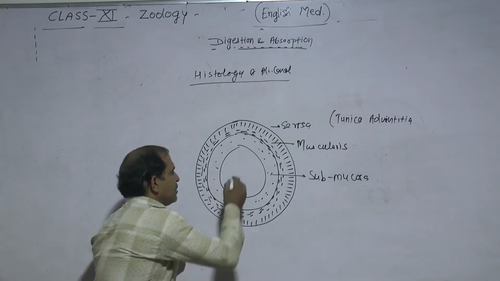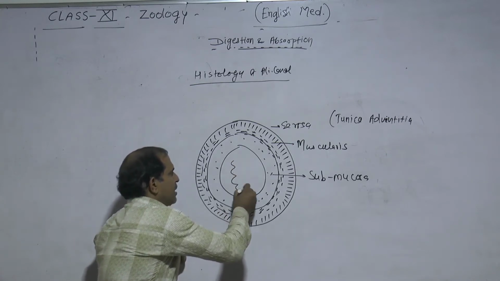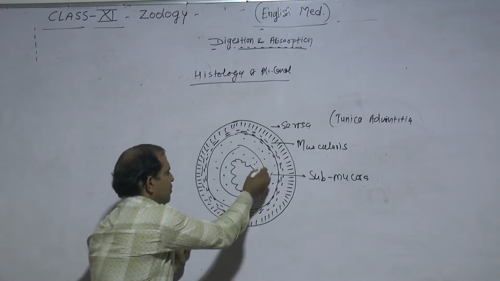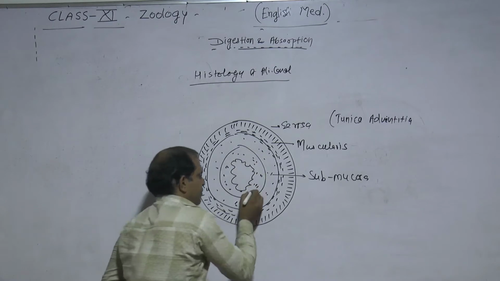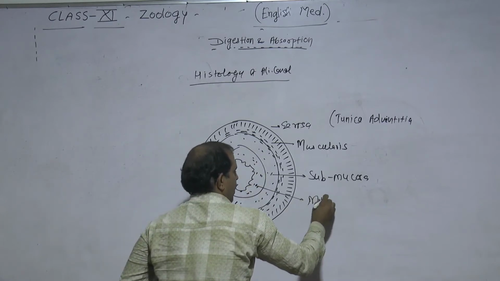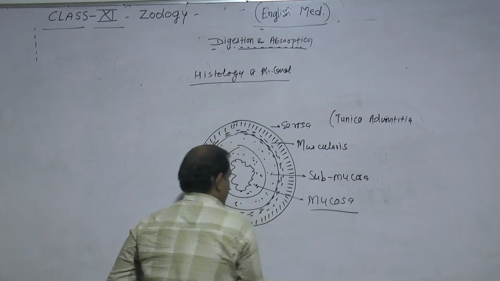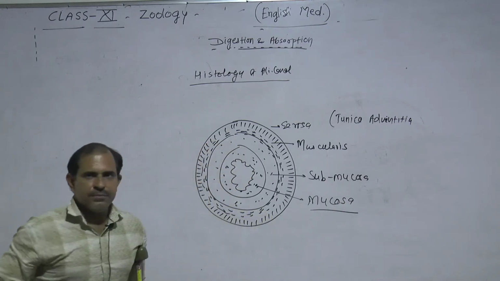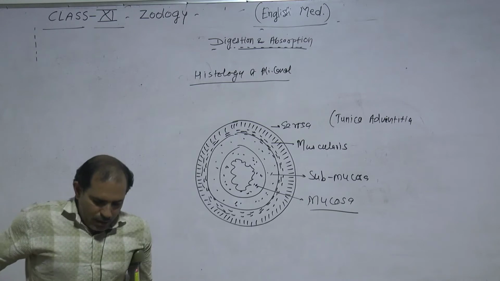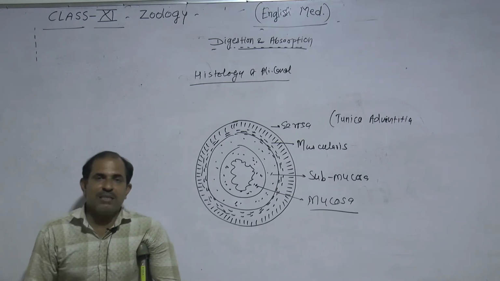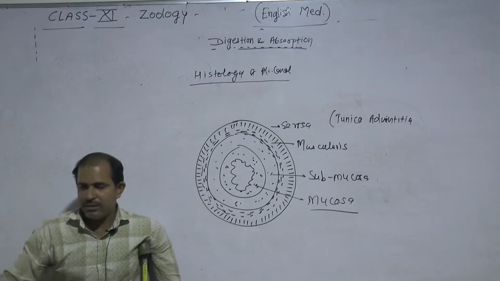The fourth and innermost layer is called mucosa. The mucosa is composed of epithelial tissue, and goblet cells are present in this layer.